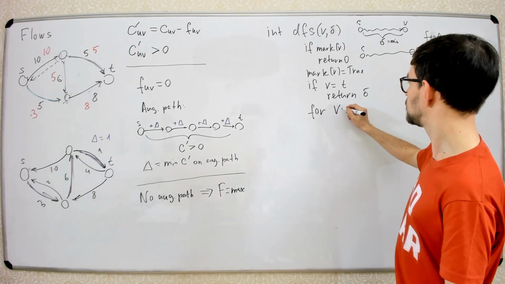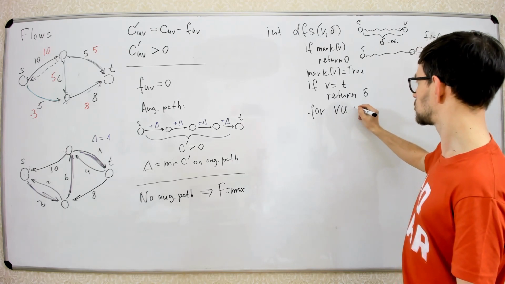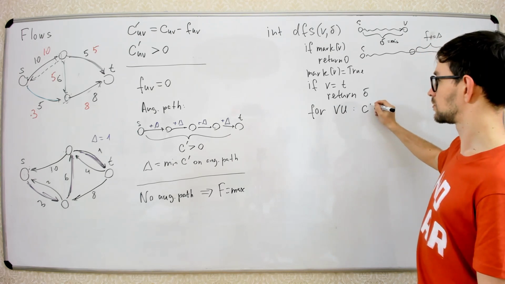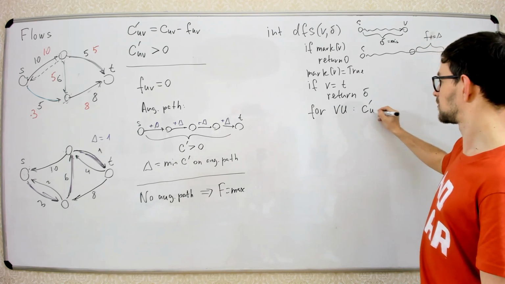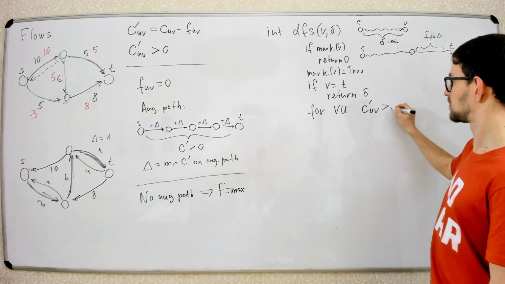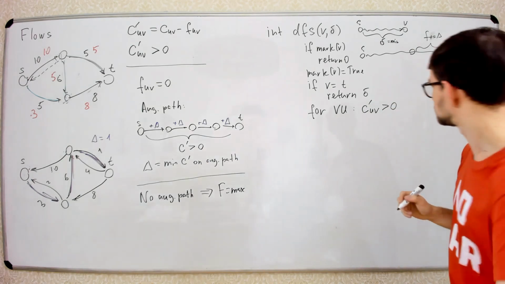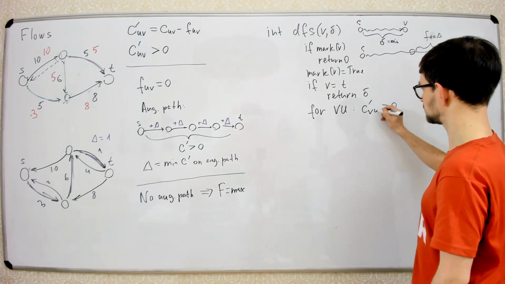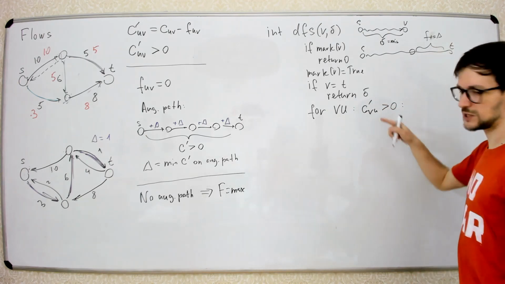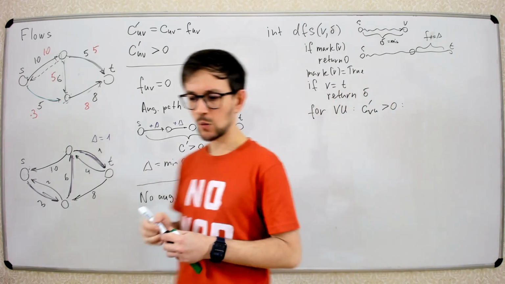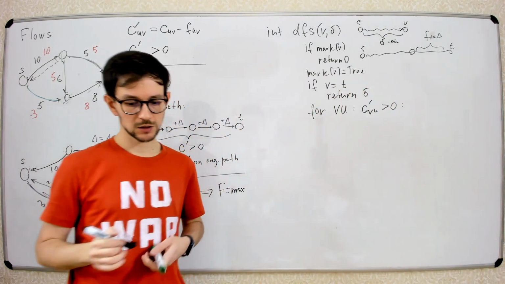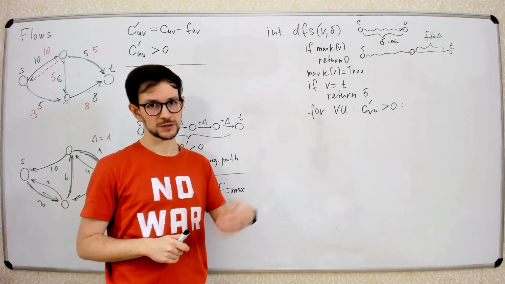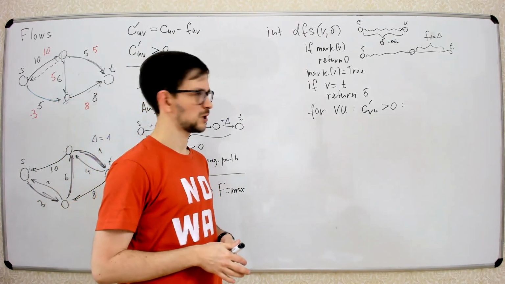Edges VU, which have positive residual capacity. So we iterate for all edges with positive residual capacity. No, you can iterate over all edges and then just check if the residual capacity is positive.